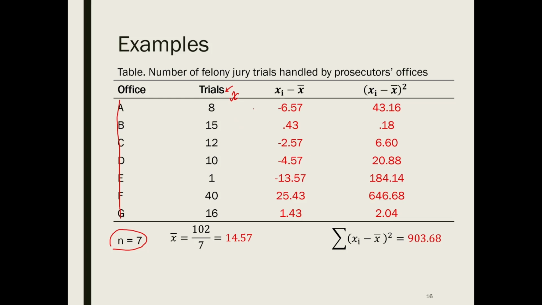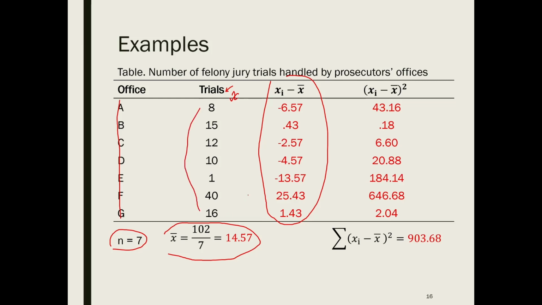Okay, so on the second calculation based on the formula, you use the original x minus the mean of the x. How to calculate the mean of the x? The total number of trials divided by the sample size.